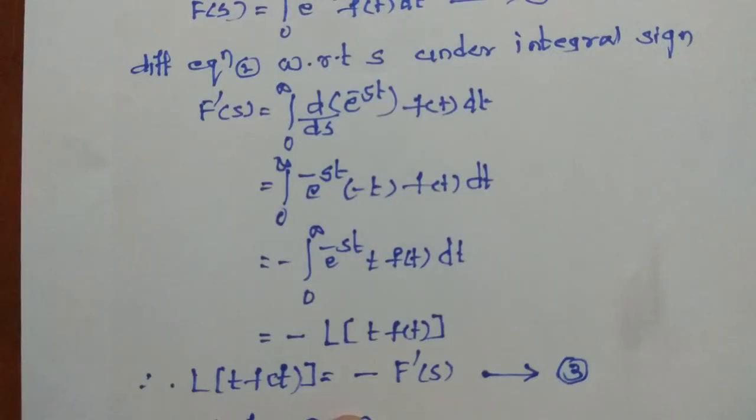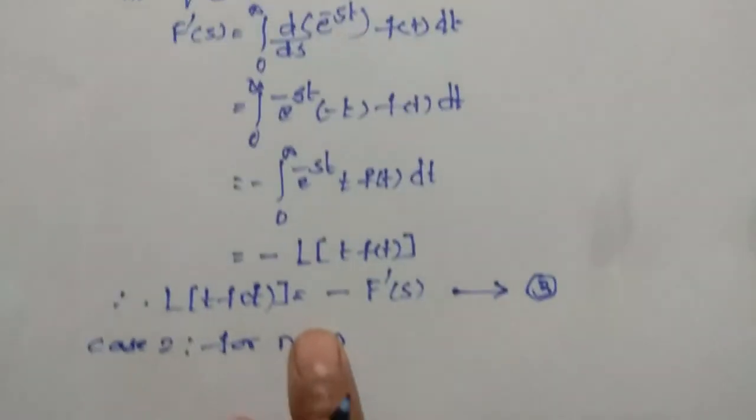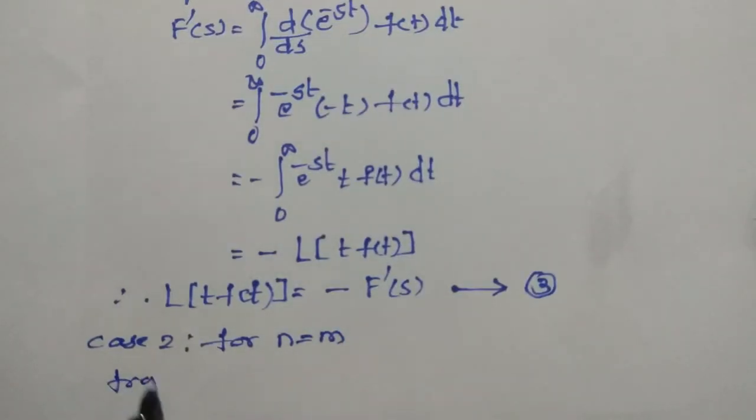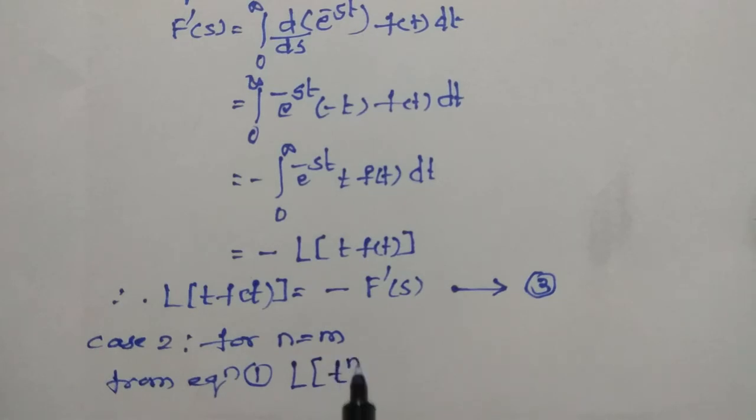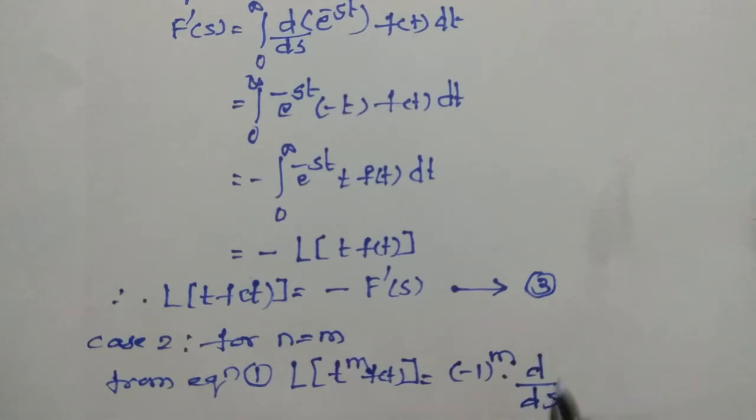So we have, as the result is true for n equals m, from equation 1, Laplace of t raised to m into f(t) is equal to minus 1 raised to m into the mth derivative of F(s).